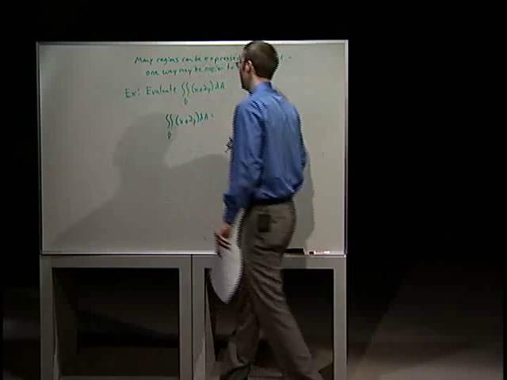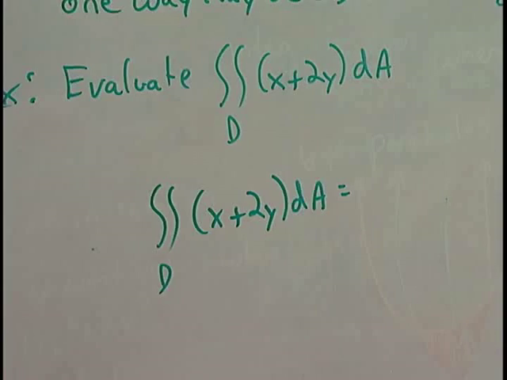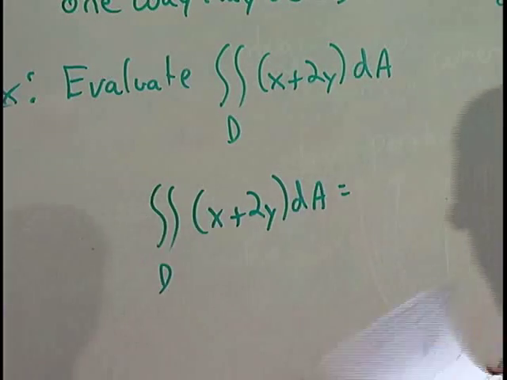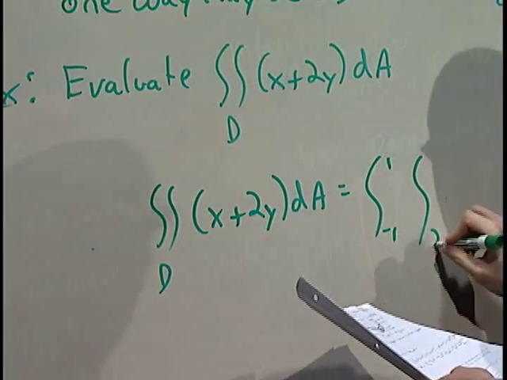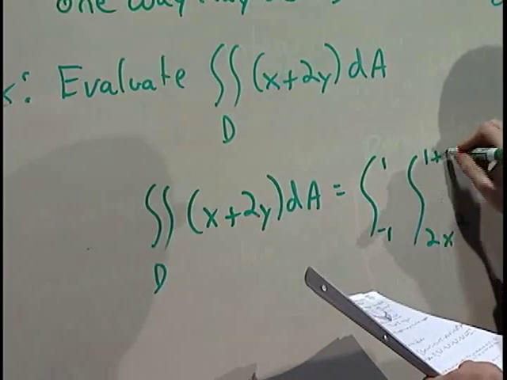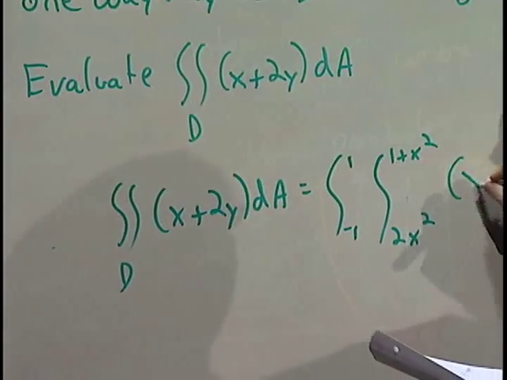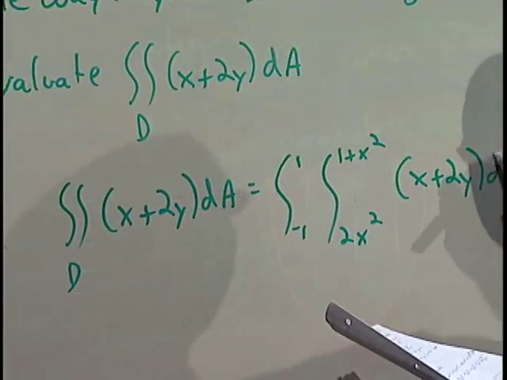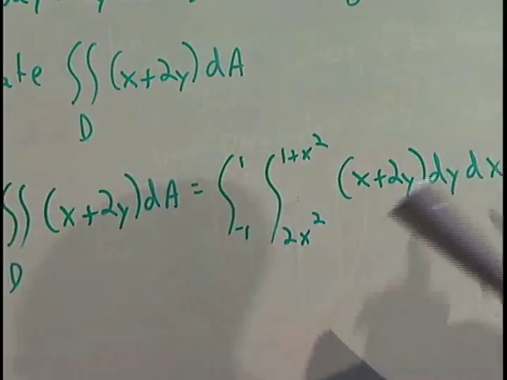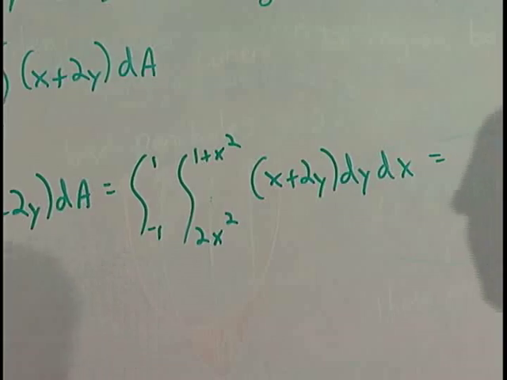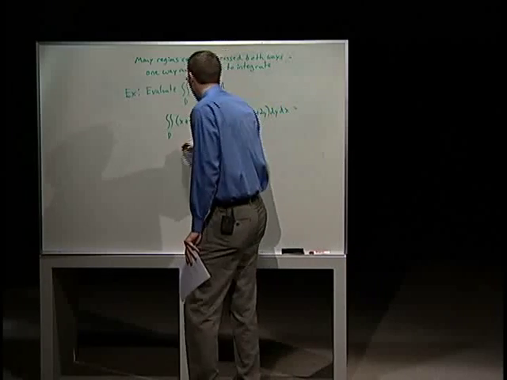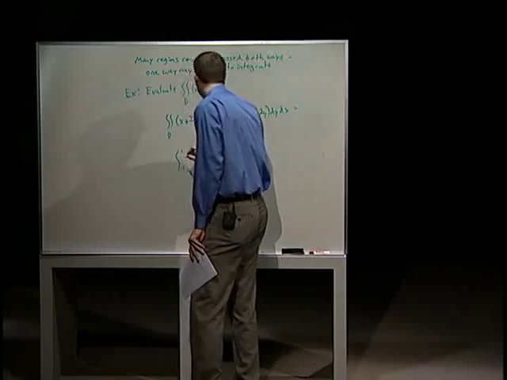We're doing this as a type 1 region, so we integrate with respect to y first, then with respect to x. So the x limits are -1 to 1, the y limits are 2x squared to 1 plus x squared, dy dx as such.